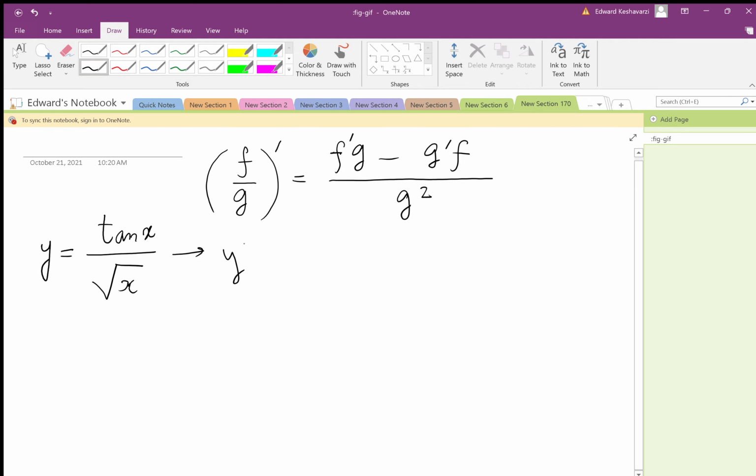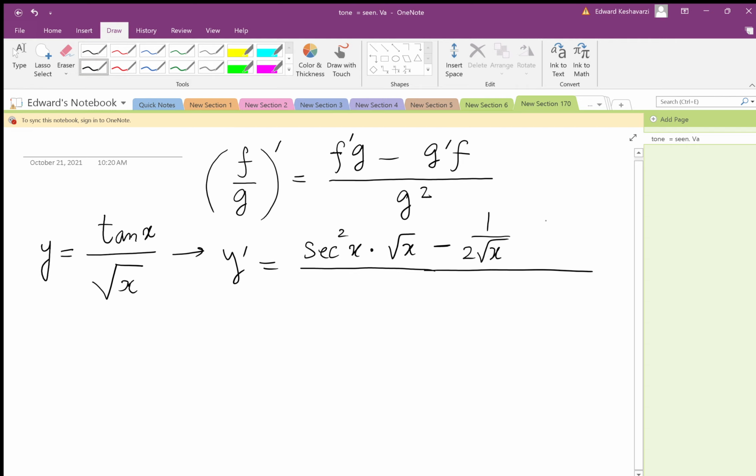Therefore, y prime becomes the derivative of tan, which is secant squared x, times square root of x itself, minus the derivative of the denominator, which is 1 over 2 root x, times tan x, over the denominator squared.